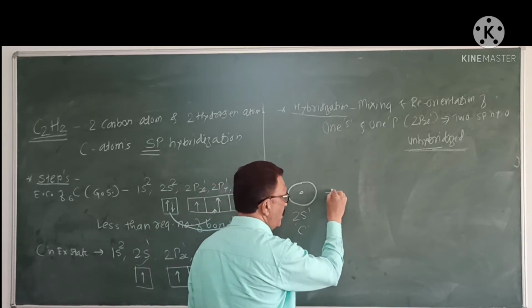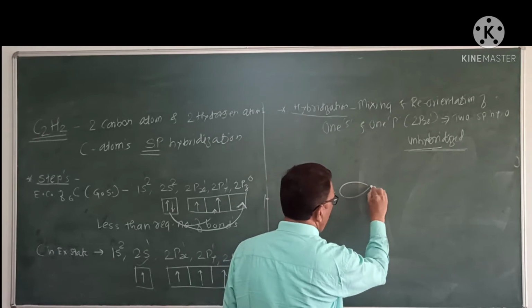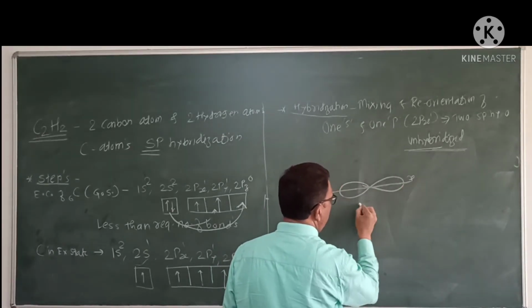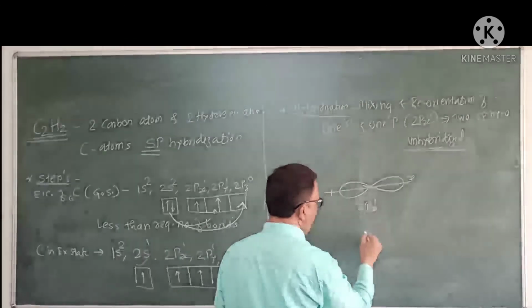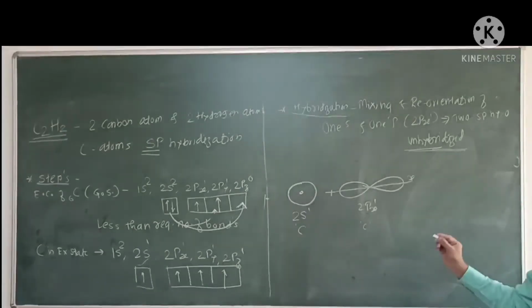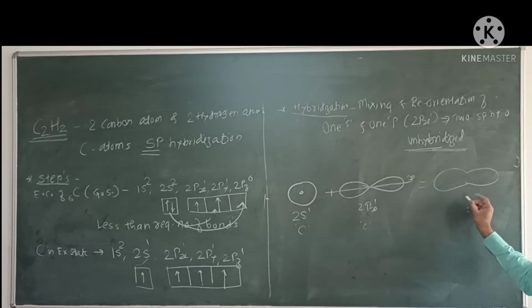This 2s1 of the carbon atom mixes together with 2px of the same carbon atom to form two sp hybrid orbitals of equivalent energy.